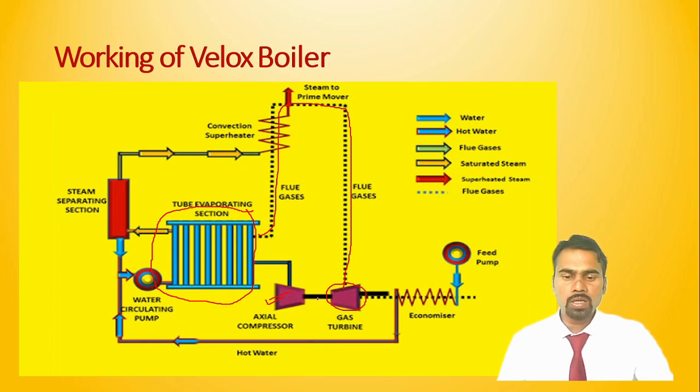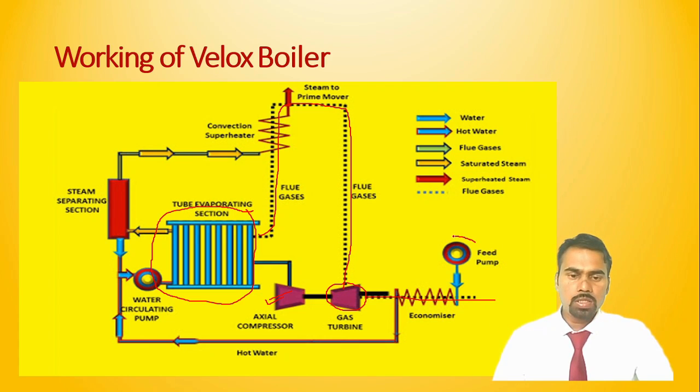Means a common shaft is there. Means some energy generated by the turbine is taken by this compressor for working, right? Then this is the exhaust or outlet of the flue gases.